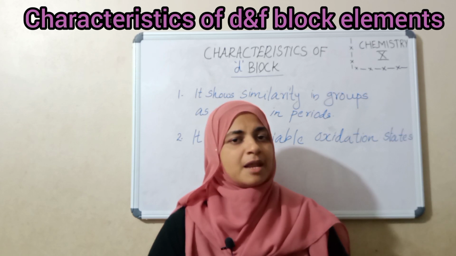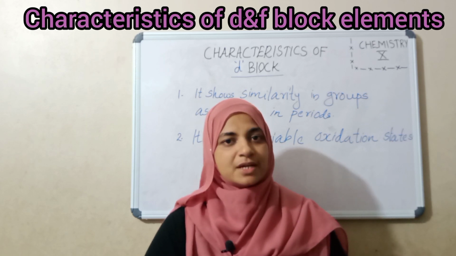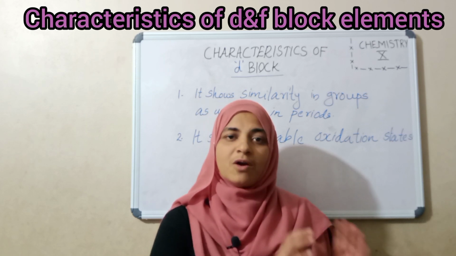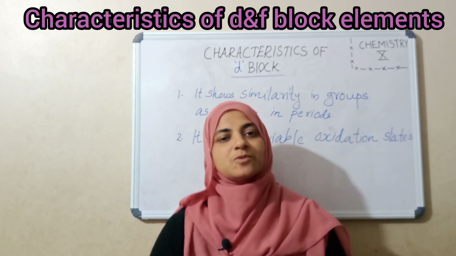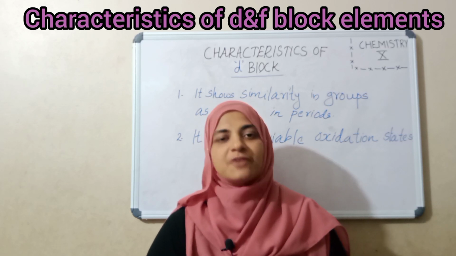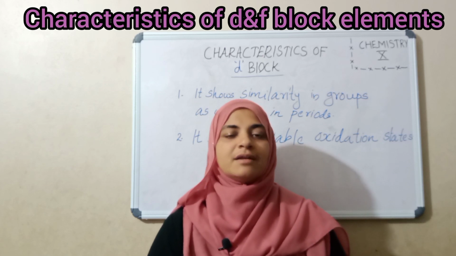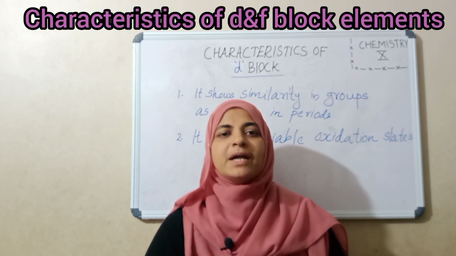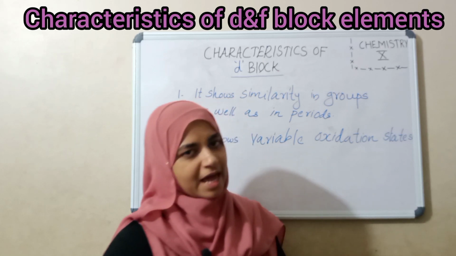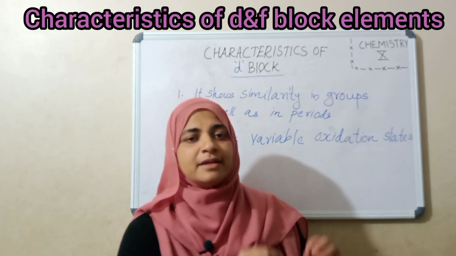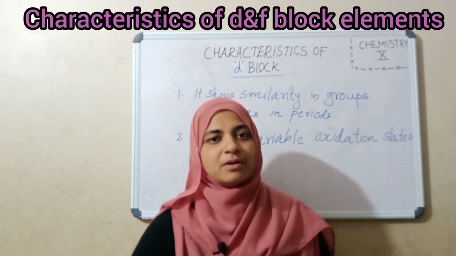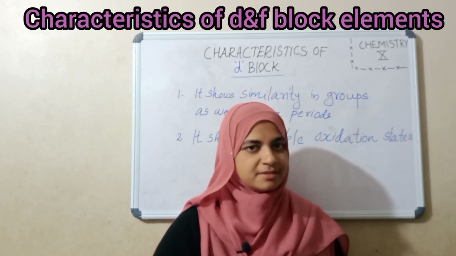That is, the element which shows a +1 oxidation state always shows +1 if that element combines with any other elements. But in the case of D block elements, each element shows different oxidation states.